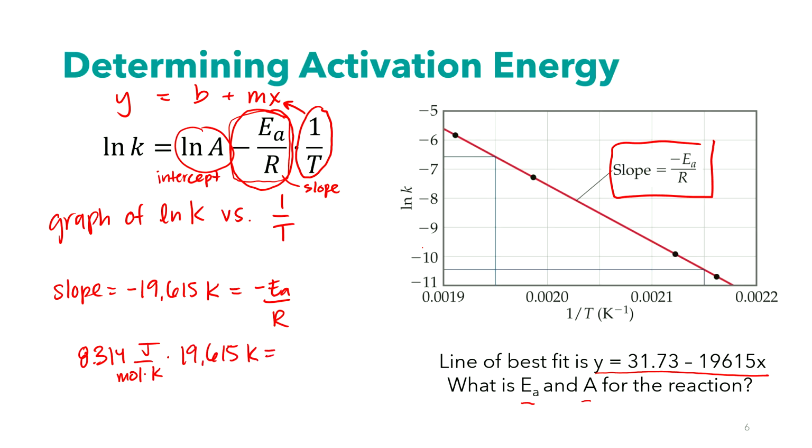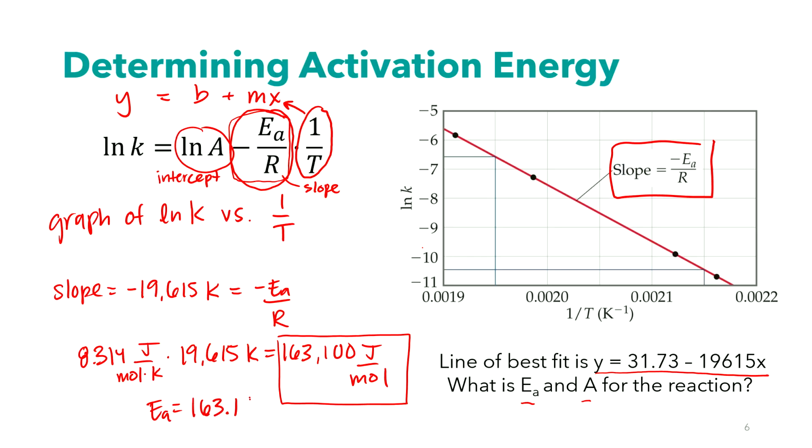And that gave me 163,000 joules per mole. We usually will report this in kilojoules, so I'll make that final conversion and say my EA, my activation energy for this reaction was 163.1 kilojoules per mole.